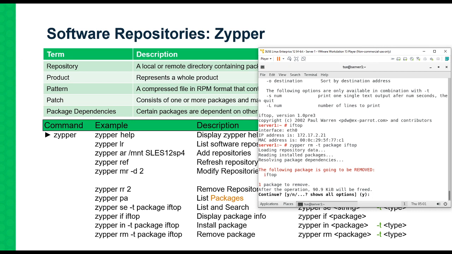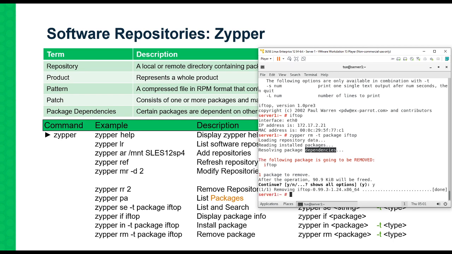And now it tells you it will remove the iftop package, and if there were any other dependencies, it will also remove them should they not be needed by any other package. Great, and we go yes, and we uninstall our package. Now that brings us to the end of our software repositories and working with zypper.